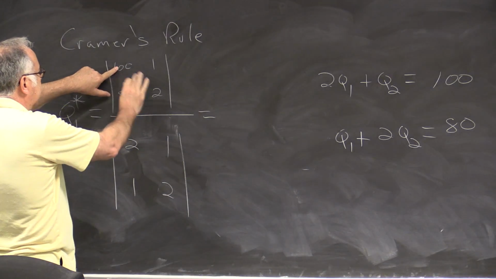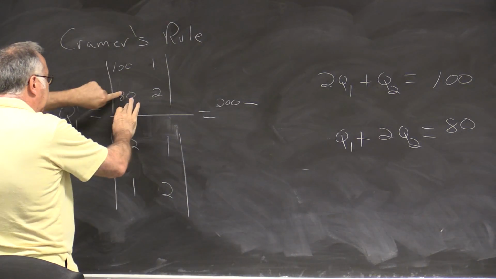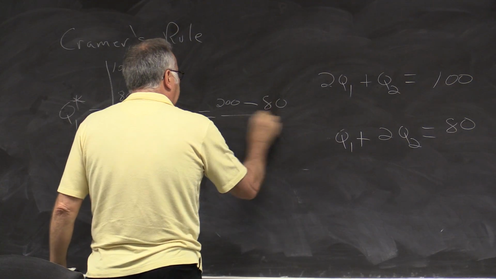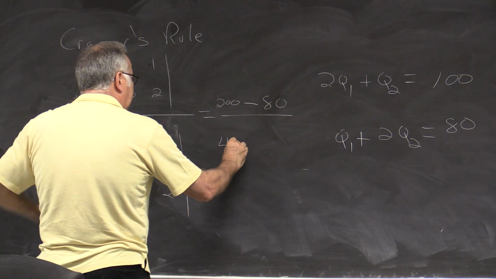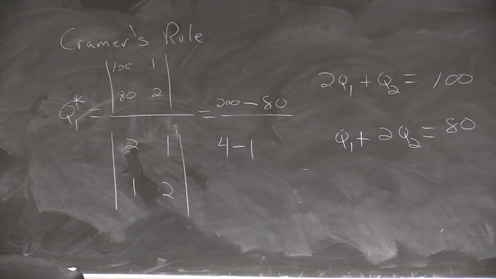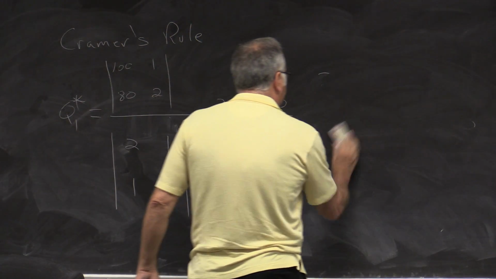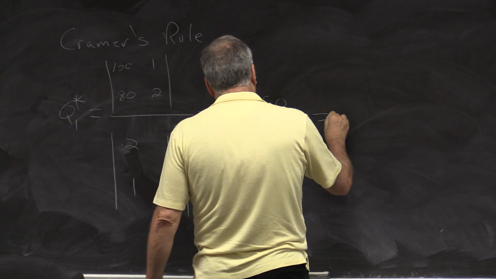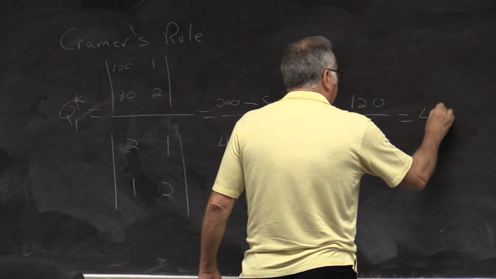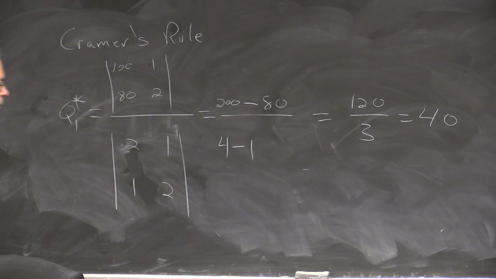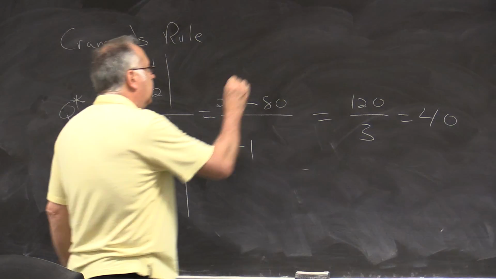This determinant here is 100 times 2, that'd be 200, minus 1 times 80. Down here, the determinant is 2 times 2 is 4, minus 1 times 1, 4 minus 1. So this means q1 is equal to 120 over 3 equals 40.